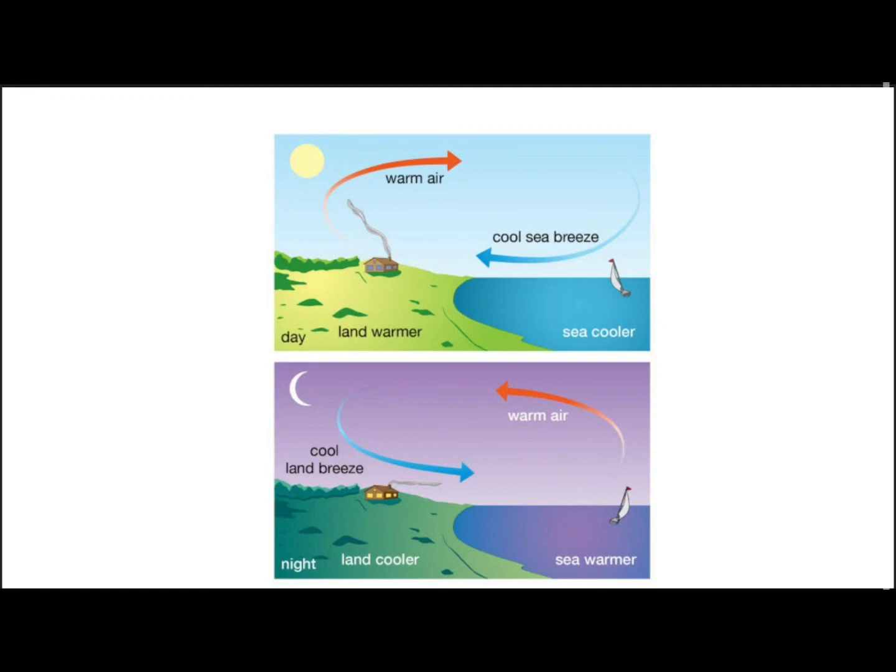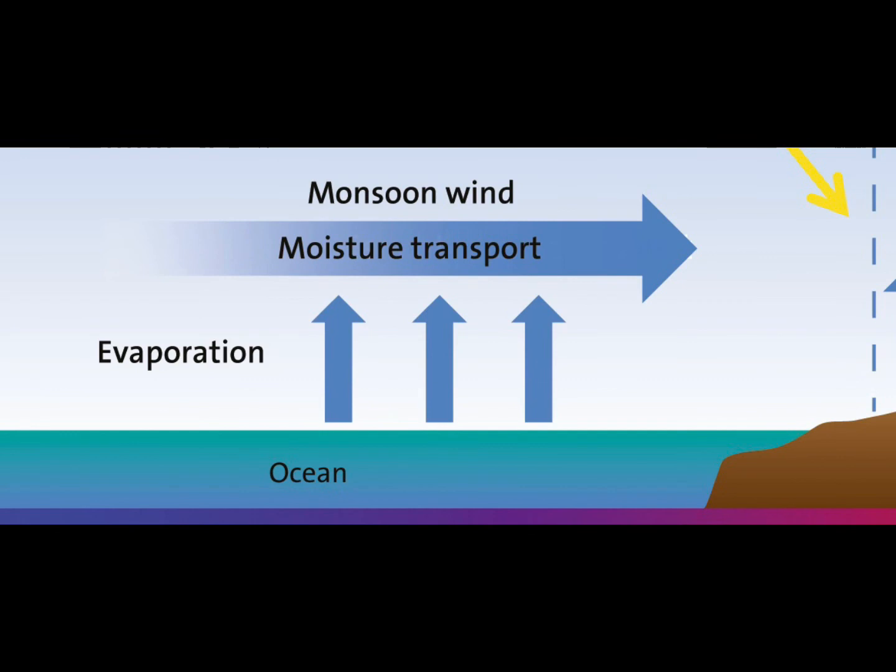Now, during the summer, the land is warmer than the ocean, of course, which is why a lot of us go to the ocean during the summer, which causes low pressure over the land and winds to blow from the ocean towards the land. This is also correspondent to monsoons during the summer, and those are actually caused by winds blowing from the ocean containing a lot of water vapor, which is basically the system of evaporation.